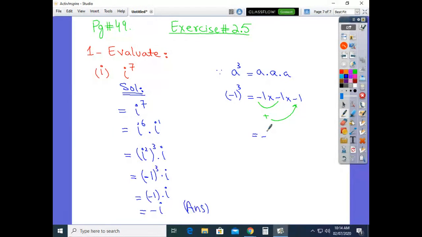Therefore, we have negative. Now we multiply 1 with 1 and again with 1. 1 multiplied by 1 becomes 1, and 1 again multiplied by 1 becomes positive 1. Clear? So if we have an odd power, then we have the negative sign in our answer. If we have an even power, then there is a positive sign.